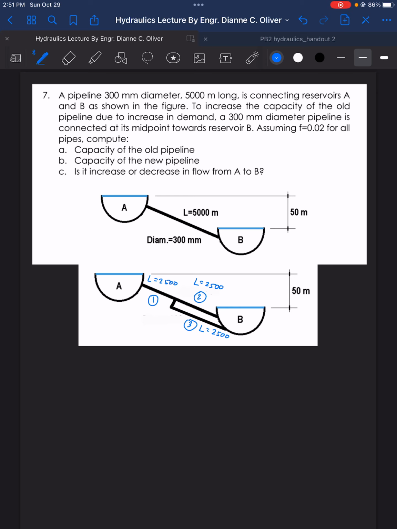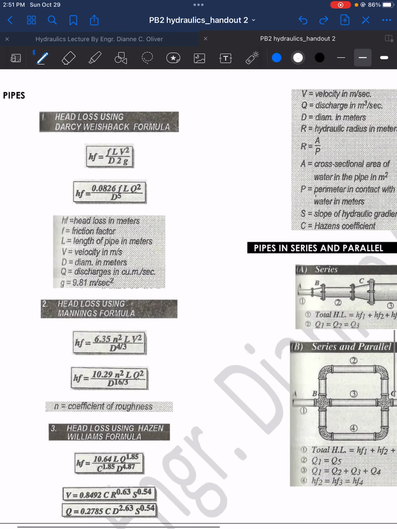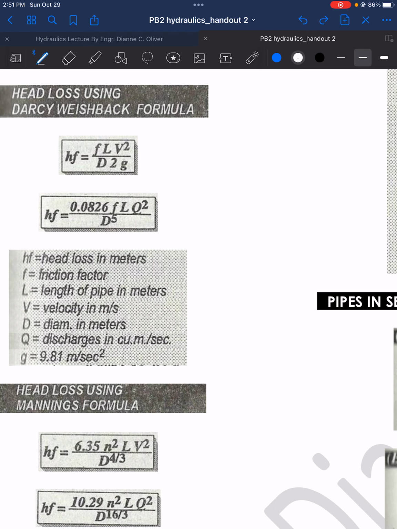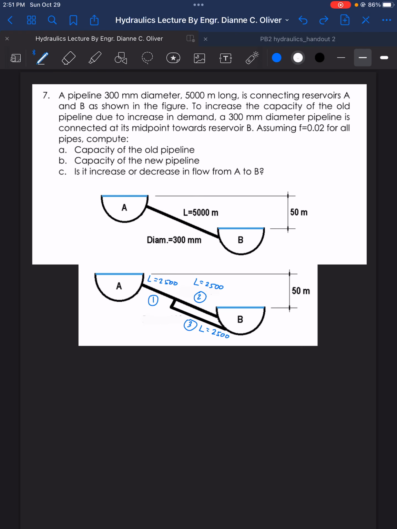So since we are given the friction factor F, our formula will be the Darcy-Weisbach formula. So we're going to use the Darcy-Weisbach formula for this.